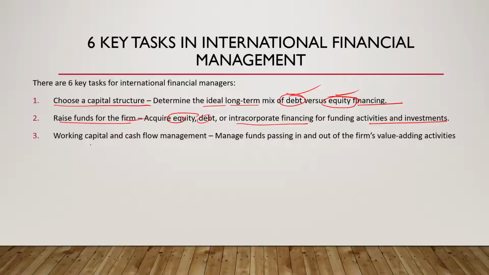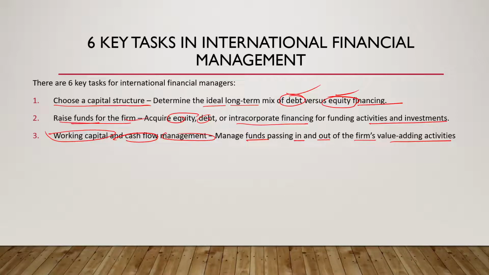So the third task for the managers is working capital and cash flow management. How the managers manage the cash flow after acquiring the funds, and how the managers control the working capital, to manage funds passing in and out of the firm's value-adding activities.